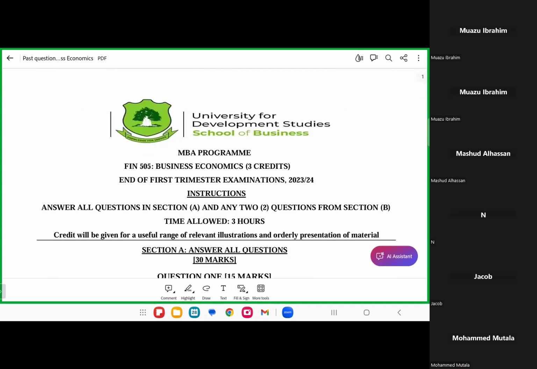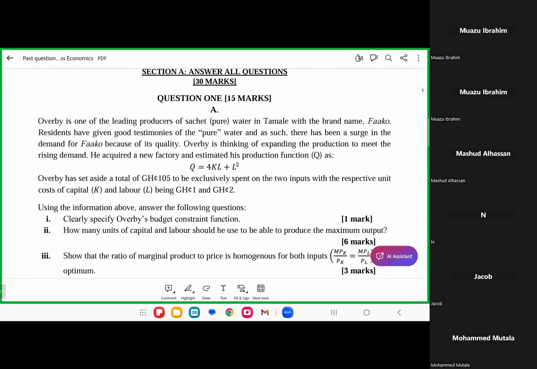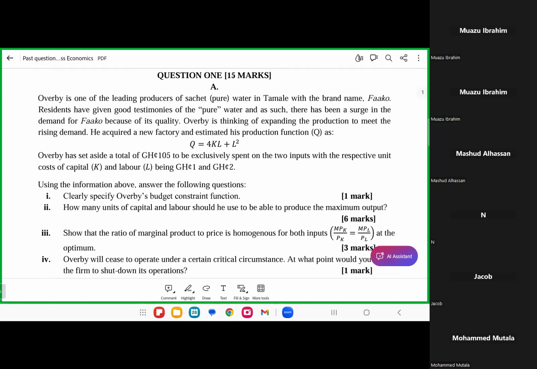This is last year's past question. So now let's look at this question together. Now the question is what? It's on production function. And it's saying that Overby is one of the leading producers of sachet water. Let me allow you to read it, so give me a few minutes.